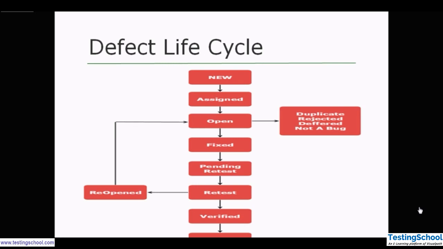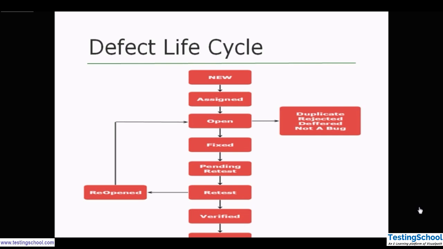And one more criterion: once the defect is open for the developer, he can reject or defer, or he can mention that it is not a defect or it is a duplicate defect. So after it is opened by the developer, he can reject or defer.